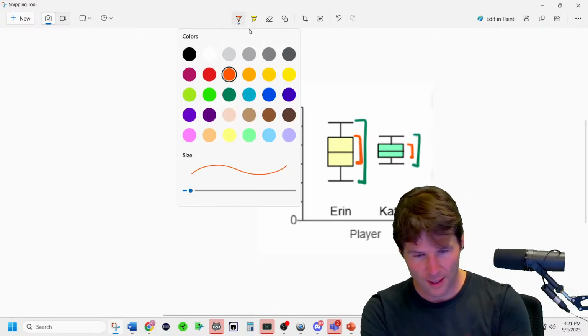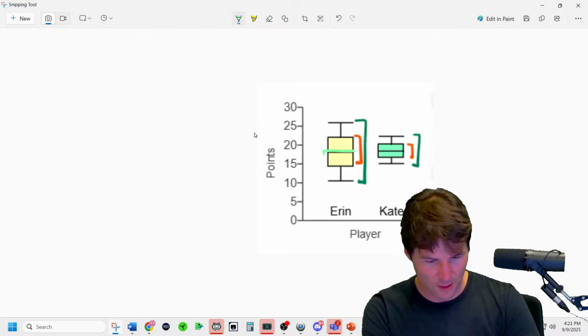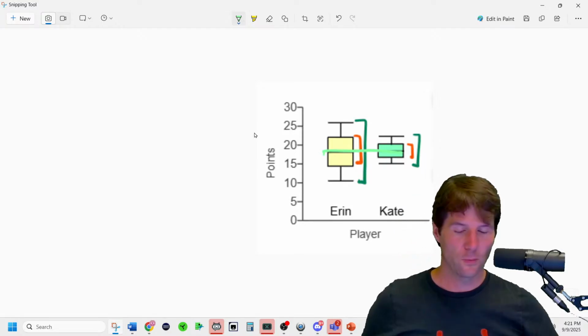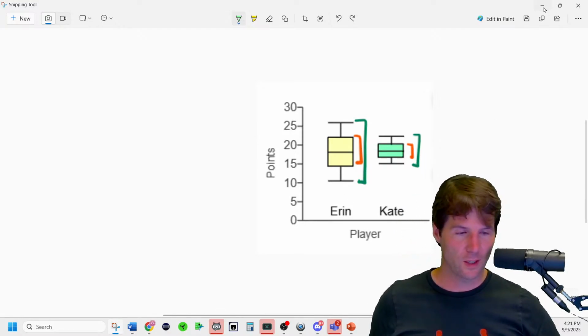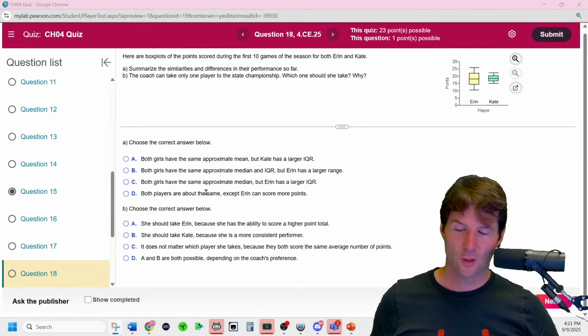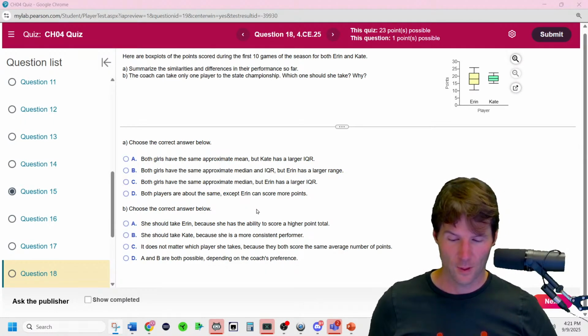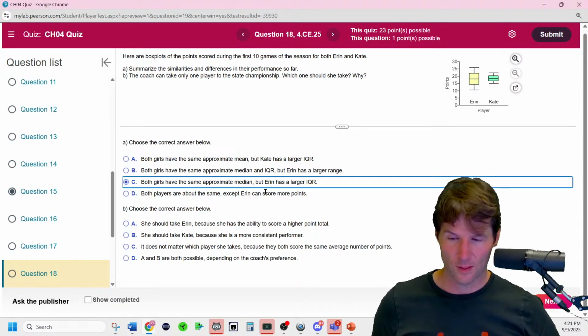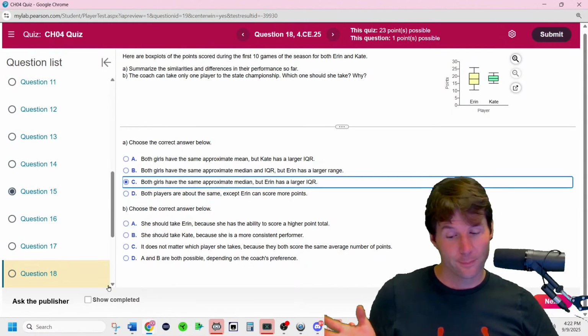They both have about the same, as far as we can tell, medians. So the medians are the same, but the range and the IQRs are much smaller. Both girls have about the same median, but Aaron has a larger IQR.